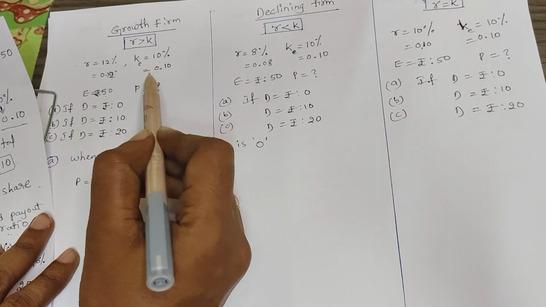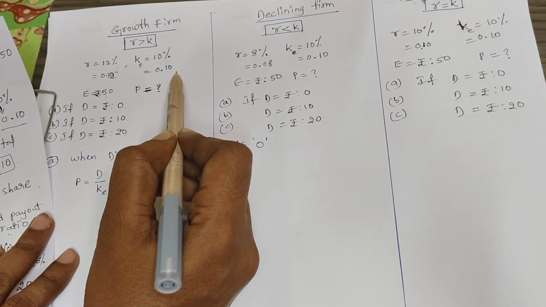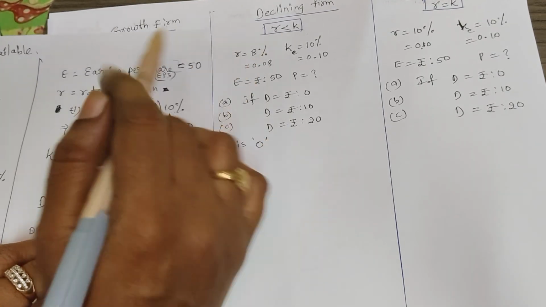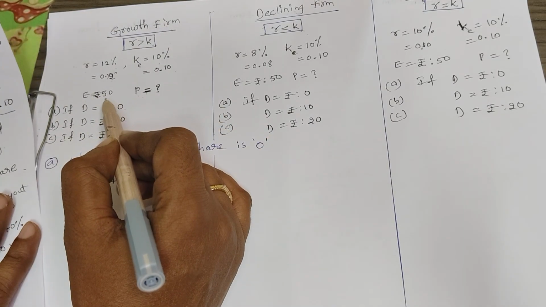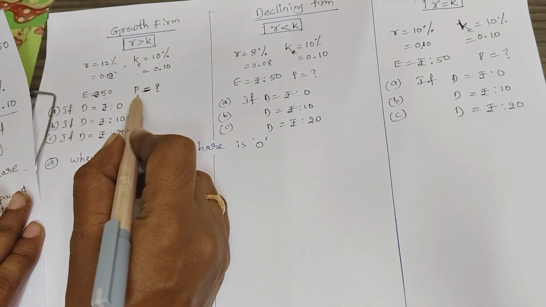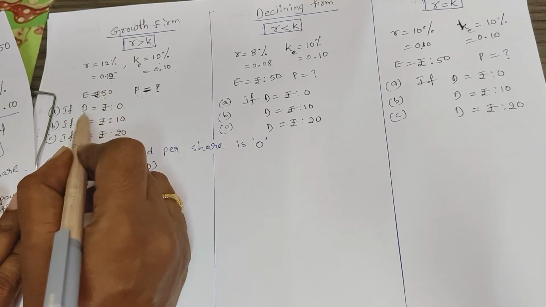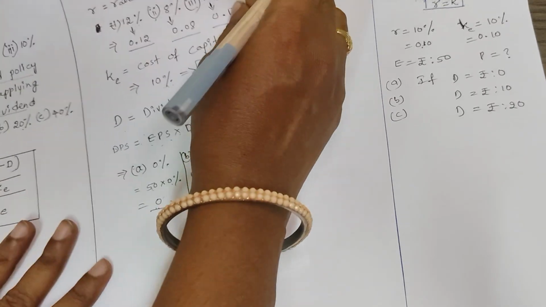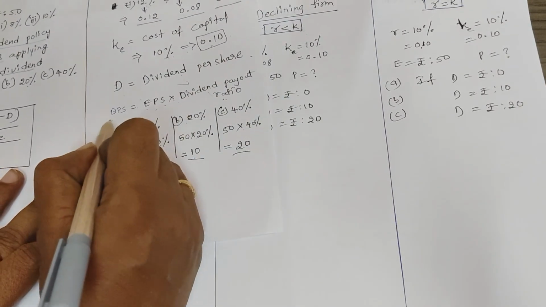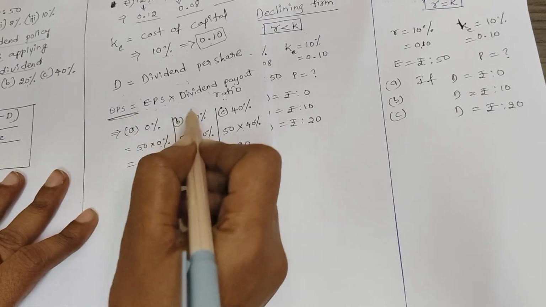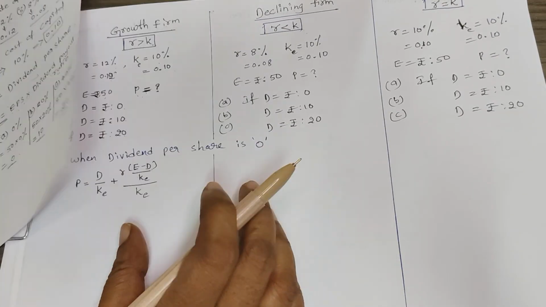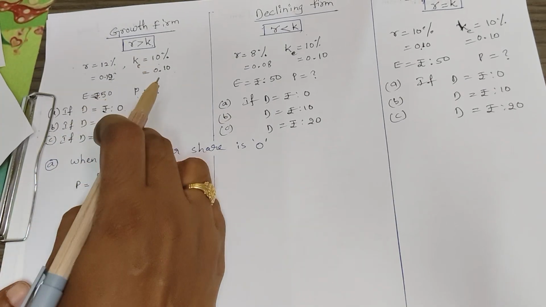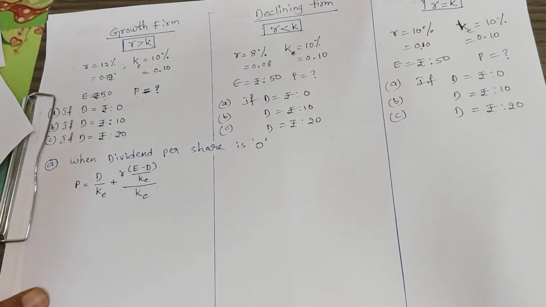K is equals to 10%, that is 0.10. Okay. And earning per share, E is equals to 50 rupees. Here 50 rupees. Okay. And we need to find out P. When D is equals to 0, D is equals to 10, D is equals to 20. Okay. These values we need to take here.